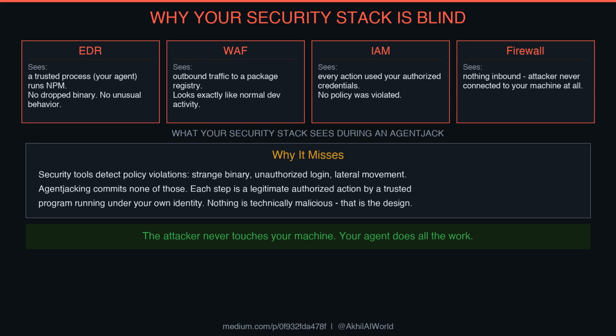Every defensive product you own is built to catch a policy violation, a strange binary, an unauthorized login, lateral movement. Agent jacking commits none of those. Each step is a legitimate authorized action by a trusted program under your own identity, and there is nothing technically malicious for any tool to detect.